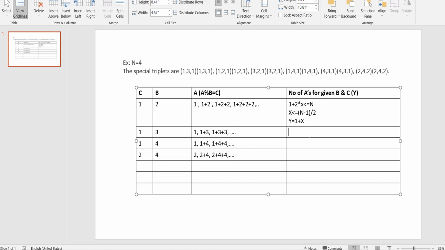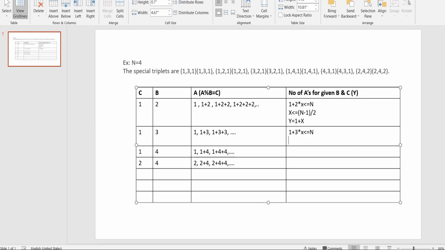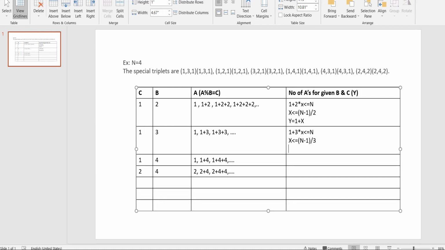Similarly, in this case, 1 plus 3 into x should be less than or equal to n, so x is less than or equal to n minus 1 divided by 3, and y is equal to 1 plus x.